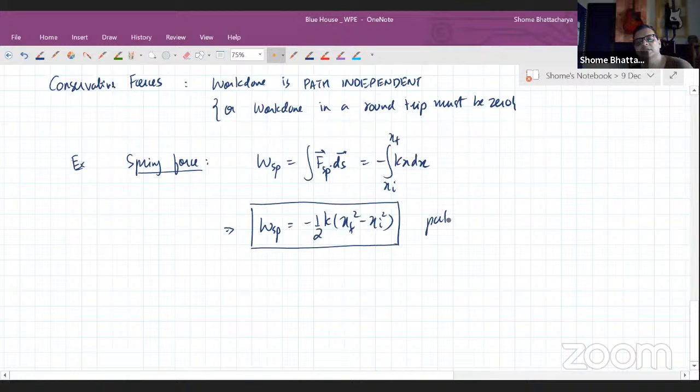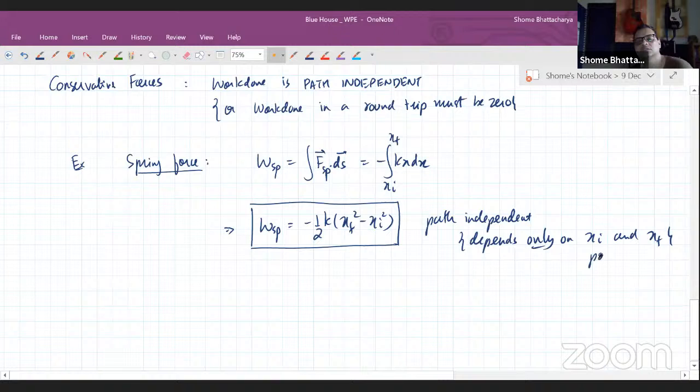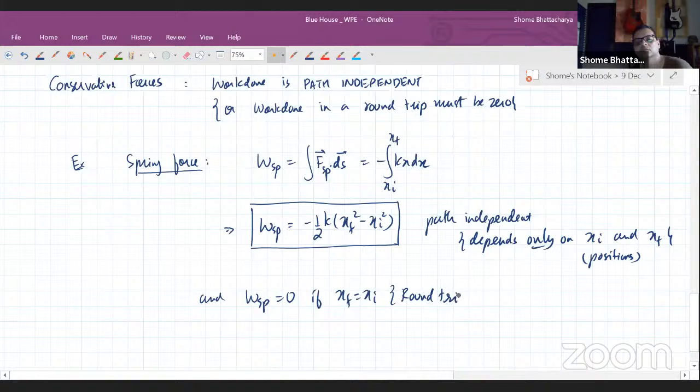So this is path independent. It depends only on x initial and x final, that is positions. And the work done by a spring is equal to 0 if the final position is equal to the initial position, that is in a round trip. So that shows that spring force is conservative in nature.